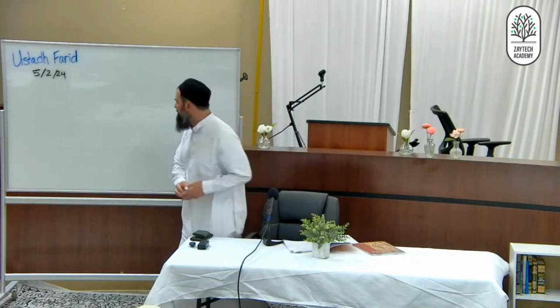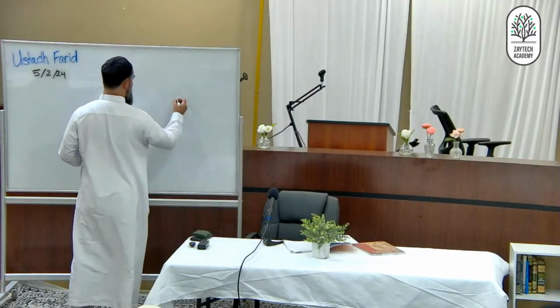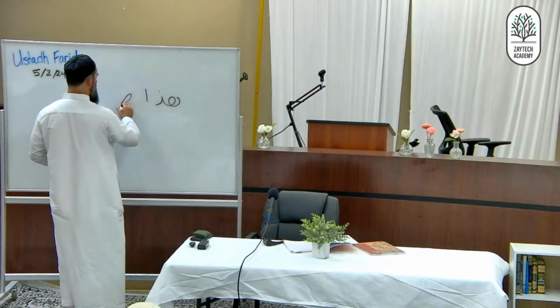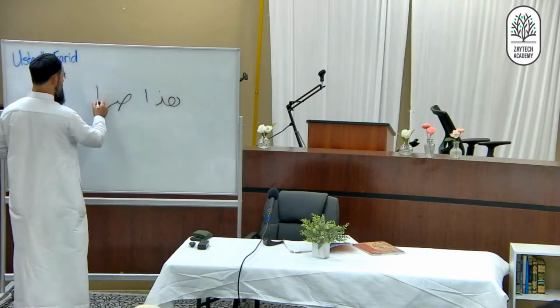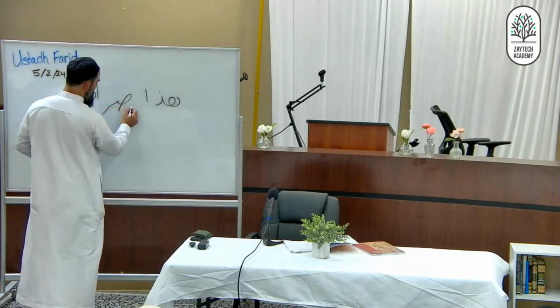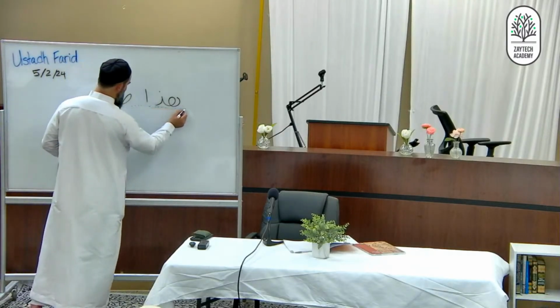So just make sure your sad doesn't go below the line. So just write it here. Right, you can imagine there's a dotted line here. The ra is going to go beneath. So these are not going to go beneath.